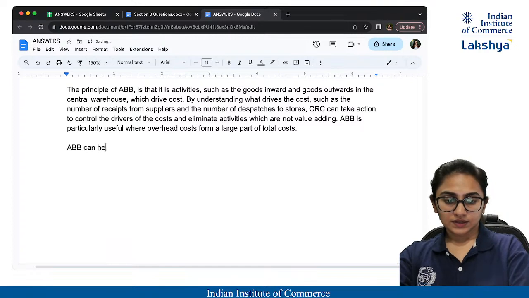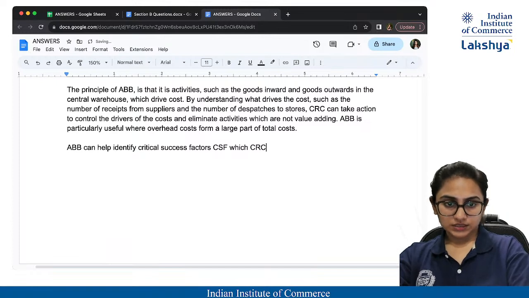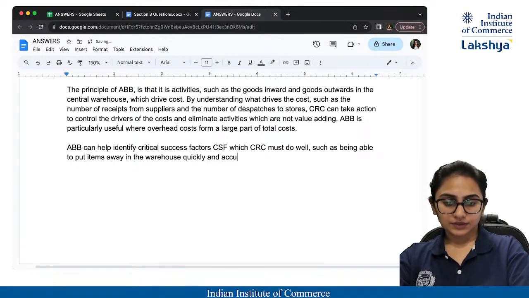ABB can help identify CSF, that is critical success factors, which CRC must do well, such as being able to put items away in the warehouse quickly and accurately, and to retrieve them efficiently.